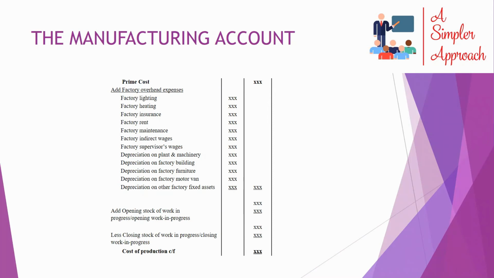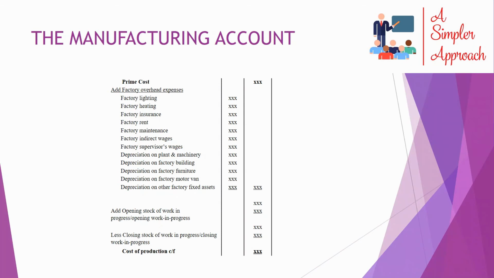Those are the work in progress that we will have finished first before we started anything new. Okay? Now, if that's the case for opening, then naturally, closing work in progress would be the unfinished goods, semi-finished goods that we had at the end of the accounting period.